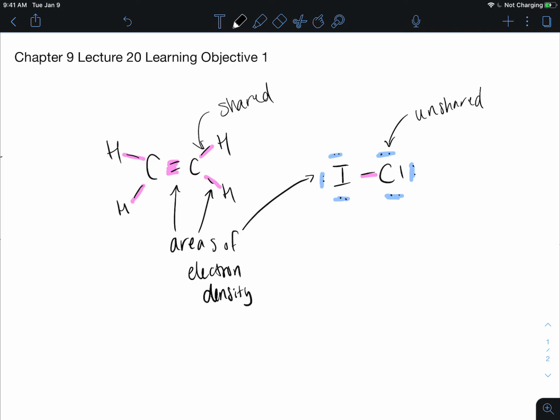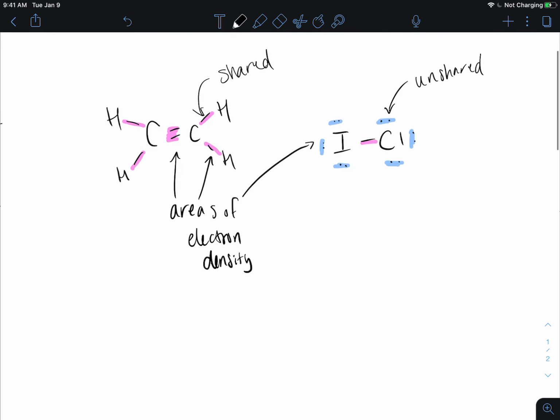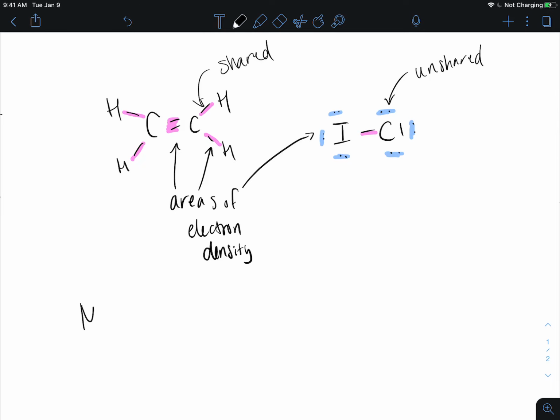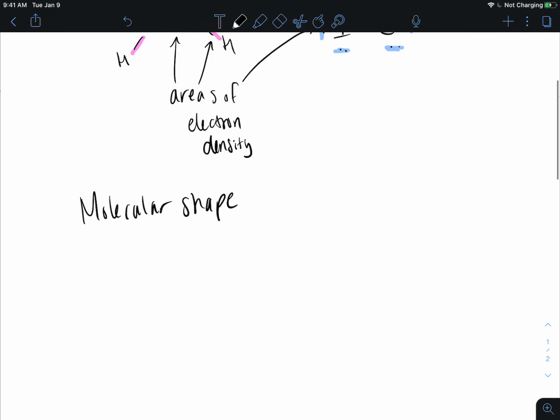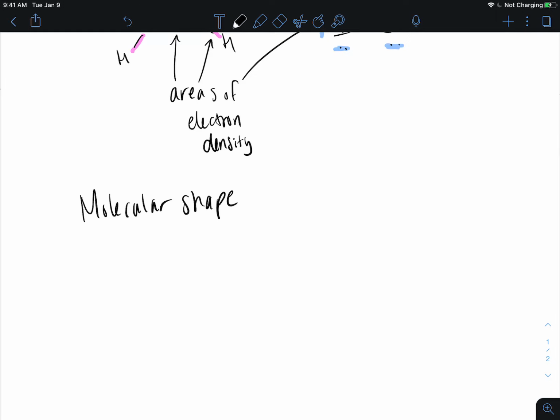Okay. So in today's video lecture, we're going to be talking about VSEPR, which is valence shell electron pair repulsion. I'll tell you what that is in just a minute. But what it basically tells us is our molecular shape. So when we're talking about our molecular shape, we're talking about our atoms in 3D space, or our molecules in a 3D space.